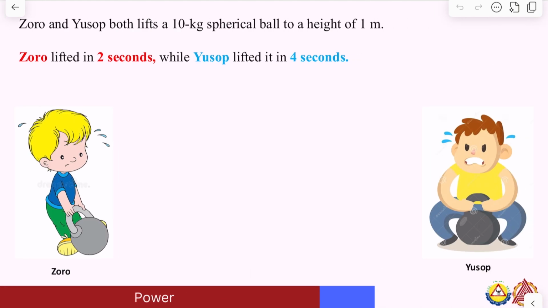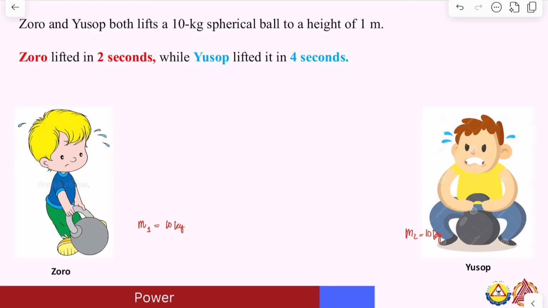So what is power? To illustrate what power is, consider this case. We have here Zoro and Usopp. They are both lifting, as you can see, it's not really clear, but let's just say they are both lifting an object with a mass of, say, 10 kilograms. Usopp also does the same thing.